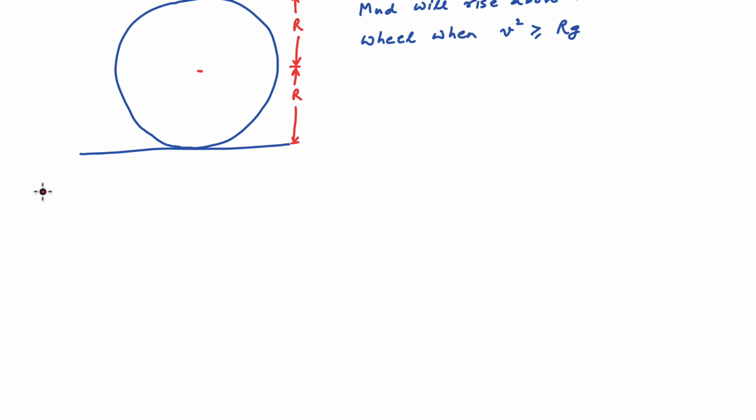Now, there is nothing stopping the velocity from being less than the above threshold. So that becomes our second case. What happens when v square is less than rg?